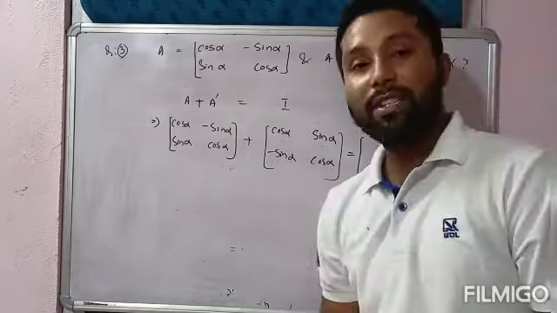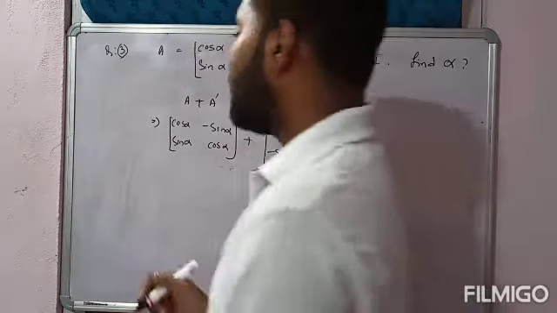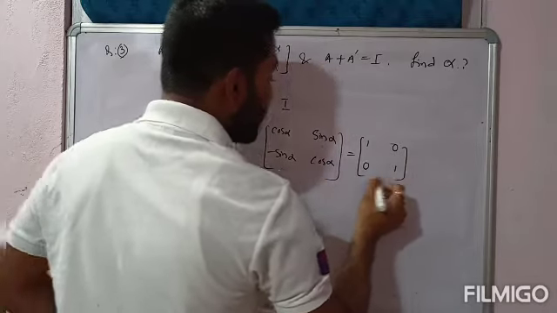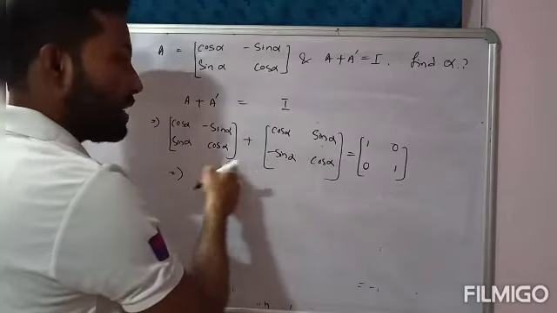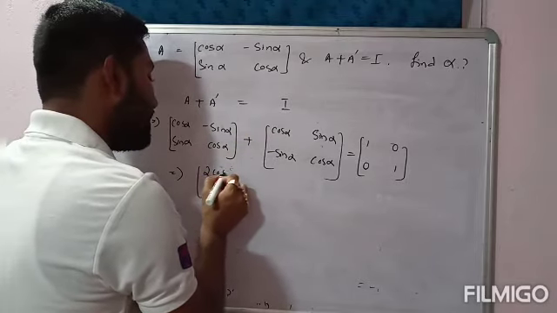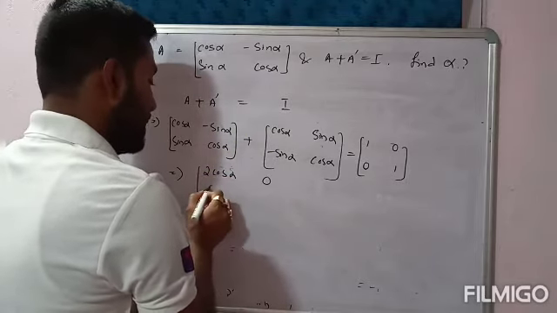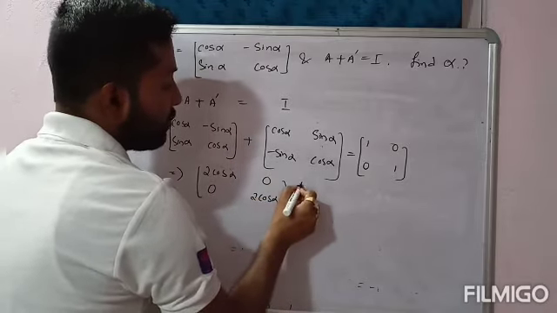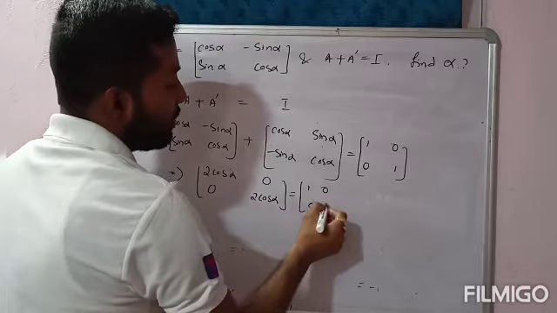Since the order of the matrix is 2, I is the identity matrix of order 2, which means 1 0 0 1. Now add the two matrices on the left hand side, cos alpha plus cos alpha, which means twice cos alpha, 0 0, twice cos alpha. This is equal to 1 0 0 1.